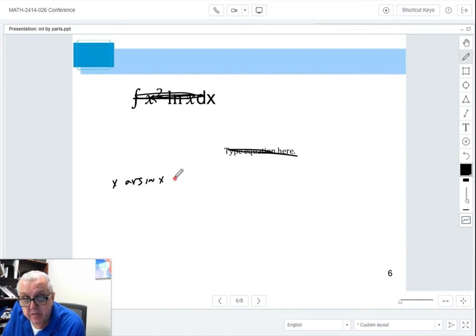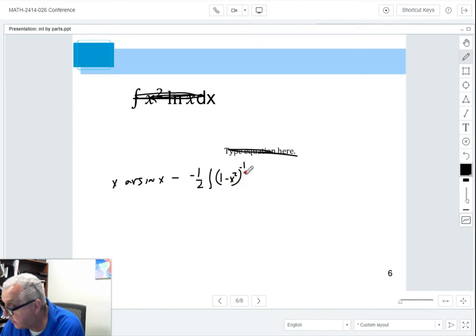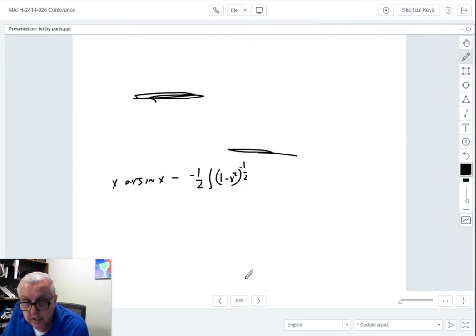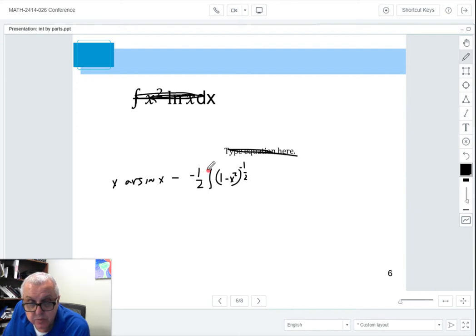And then we have that minus, and then a minus 1/2 integrating 1 minus x squared to the negative 1/2. And we do have the minus 2x with it there. So I'm going to put the minus 2x over here. This is the minus 2x. This is the u, and this is the du.